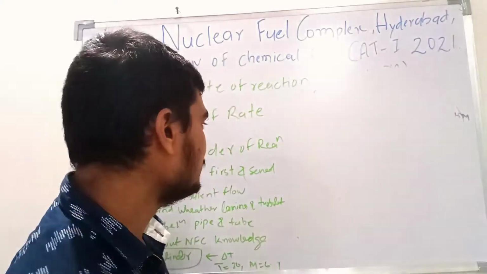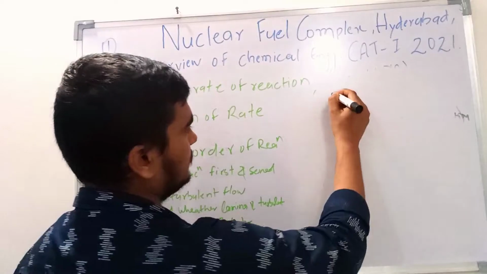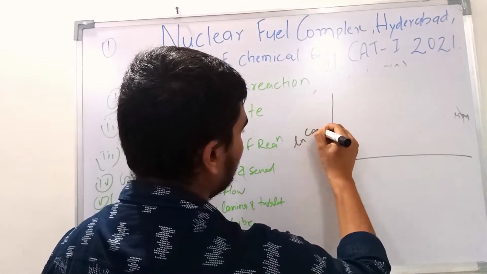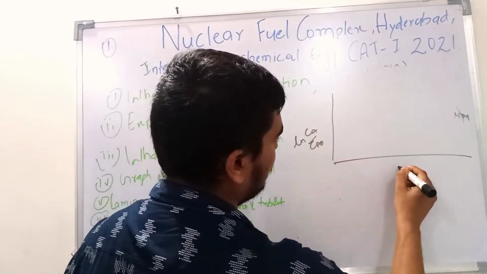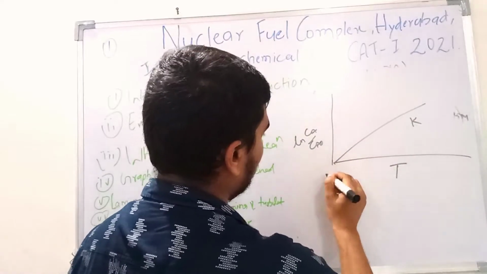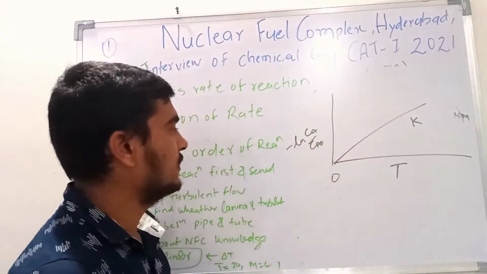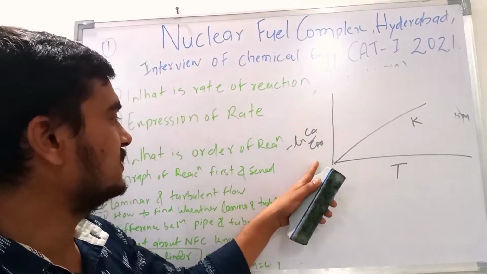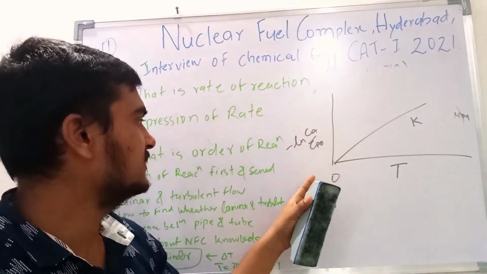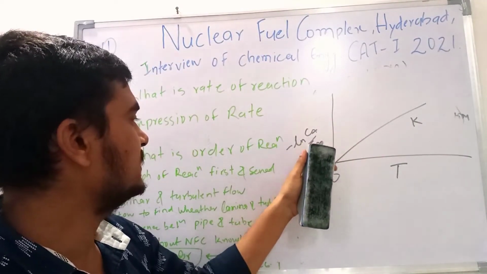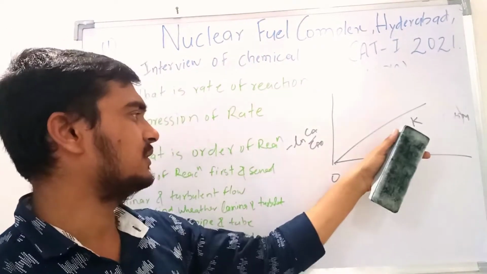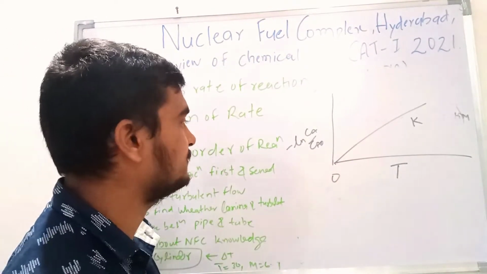So this is ln C_A by C naught against t, or minus ln C upon C naught against t with slope K, and from the graph between minus ln C upon C naught and t we can obtain the rate constant.